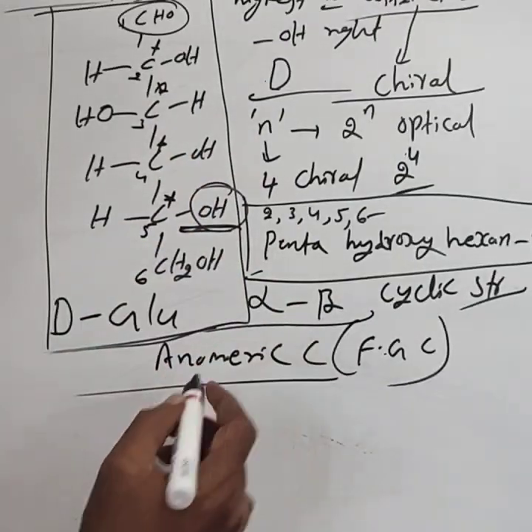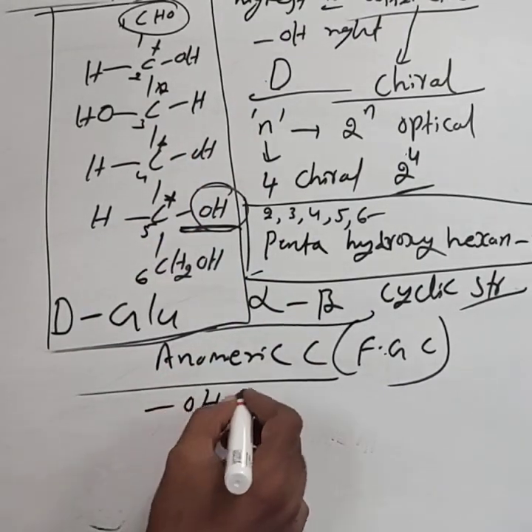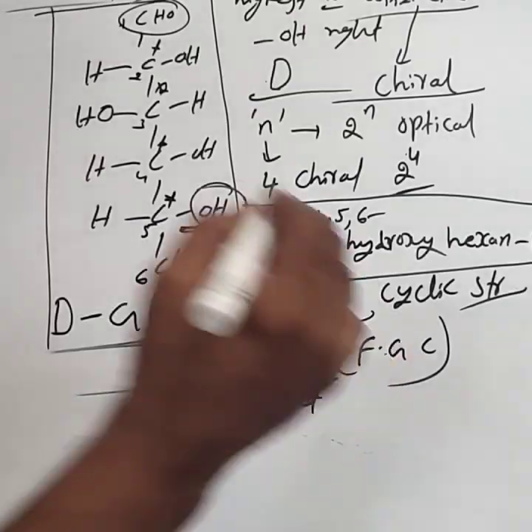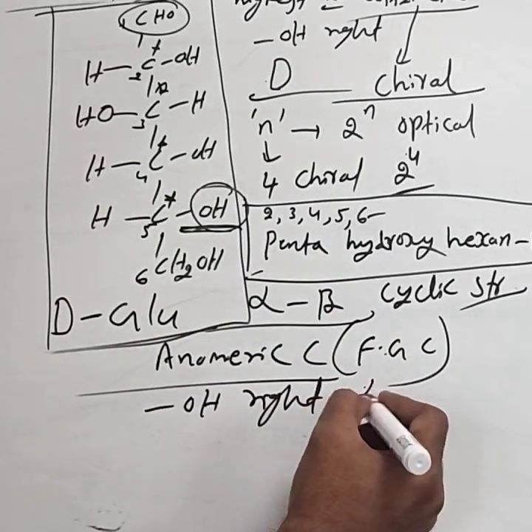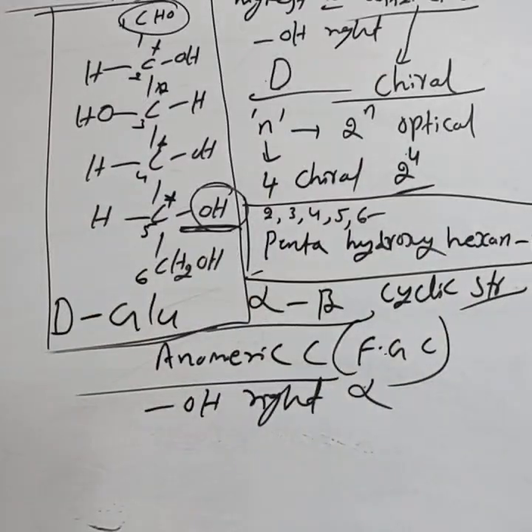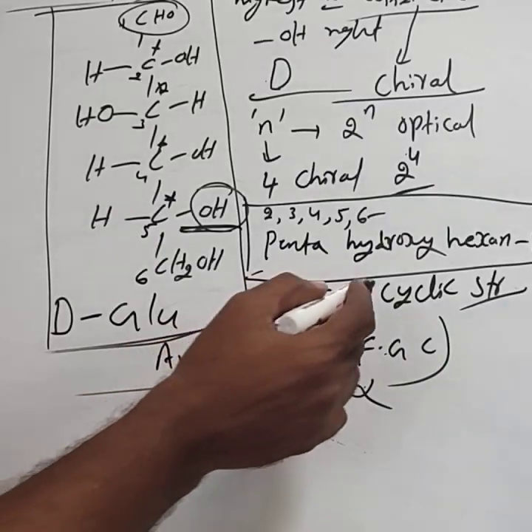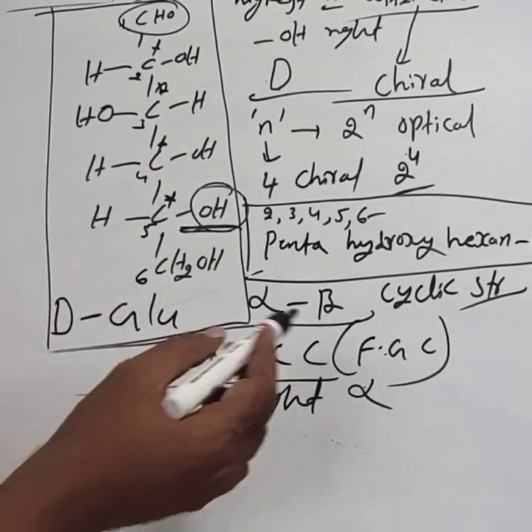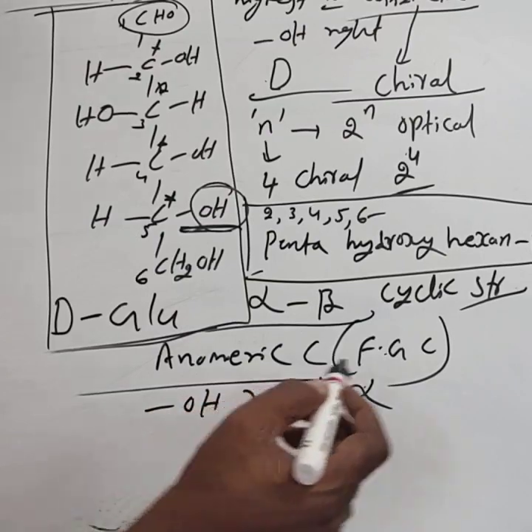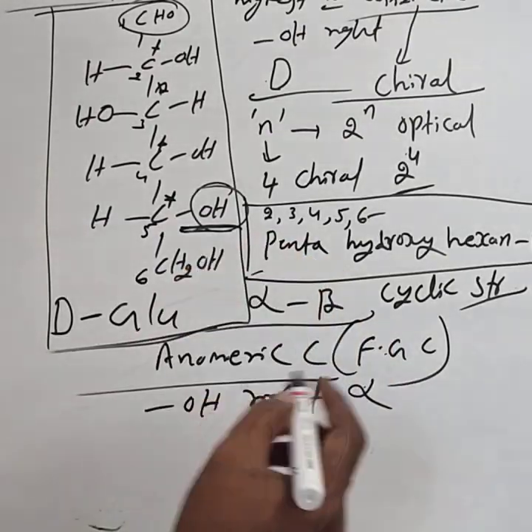If on the anomeric carbon atom OH is on the right hand side, it is called alpha.